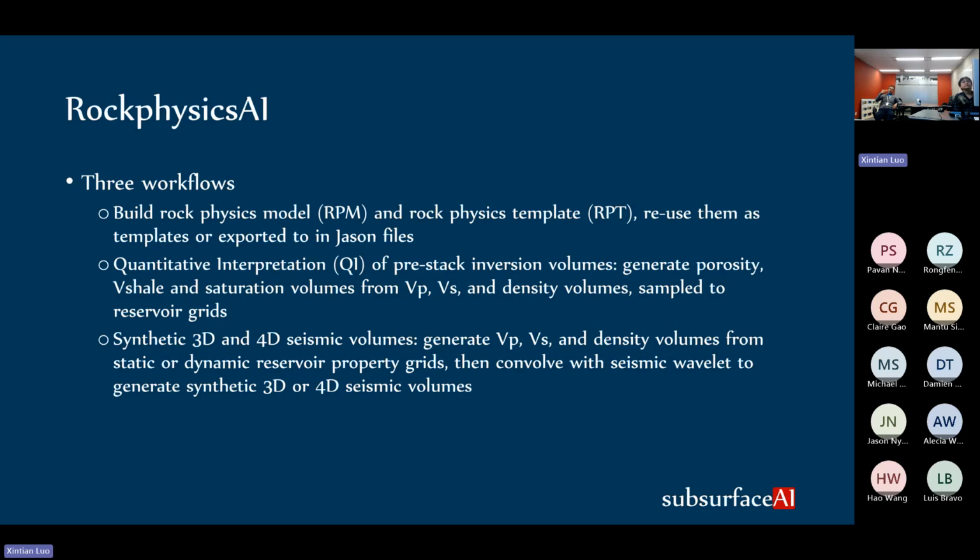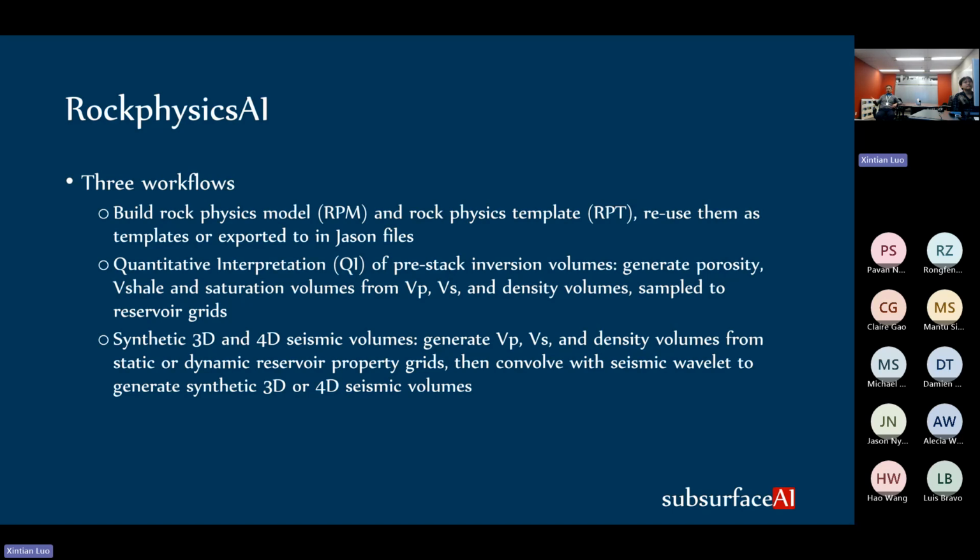For example, you have a static or even dynamic reservoir model from Eclipse or CMG simulation, and you have saturation and pressure as a function of production time, and then you want to validate your static or dynamic data with your seismic data, either static or 4D seismic data.